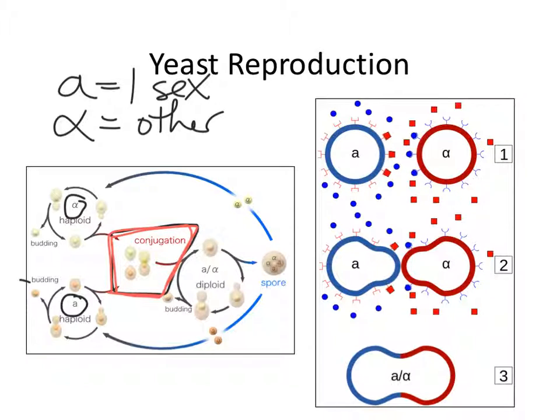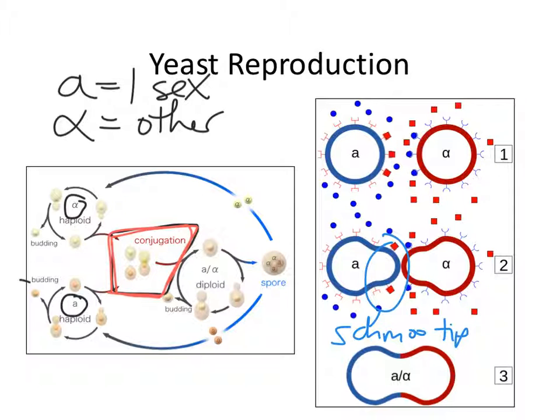And this, for whatever reason, that projection is called a shmoo tip. So be a biologist, because if you happen to discover some really cool thing that some species does, you can name it whatever you want. Somebody should probably Google shmoo and see what happens.